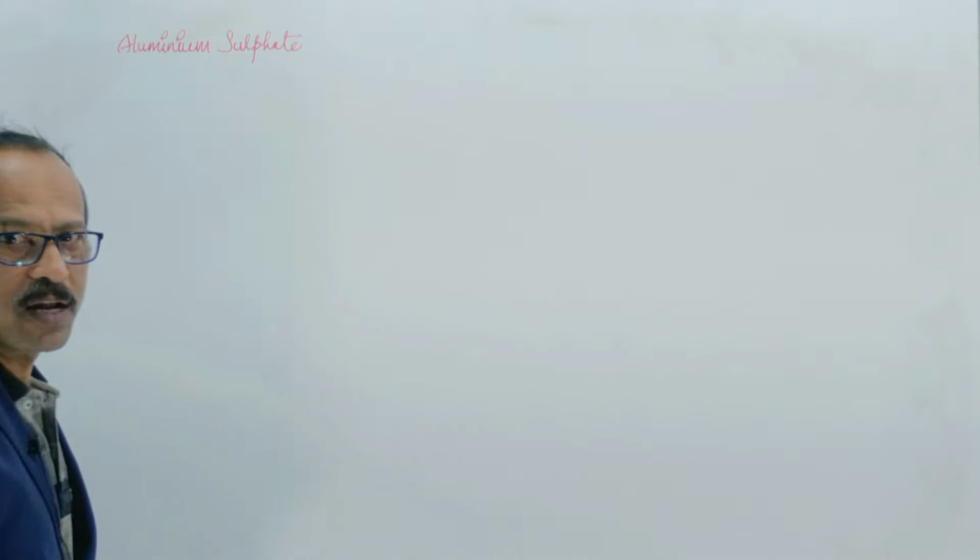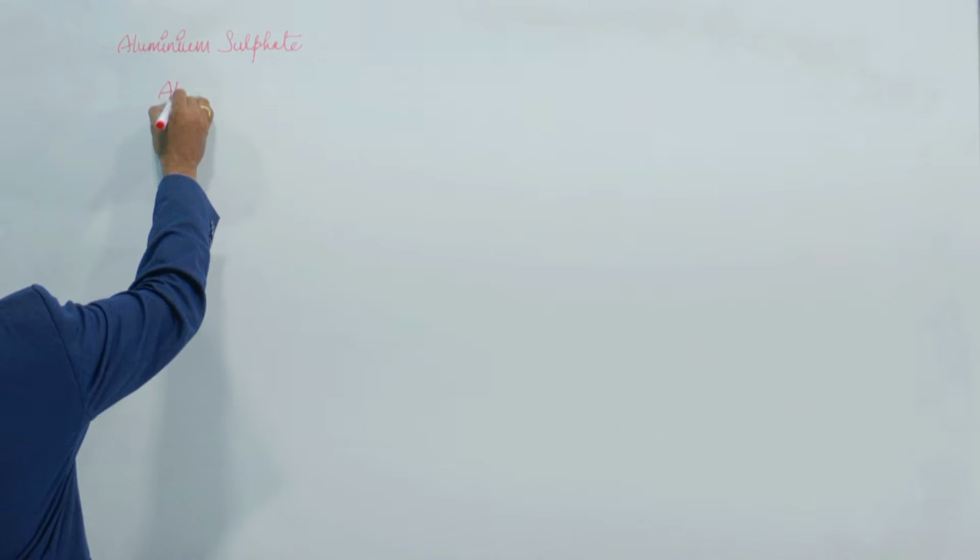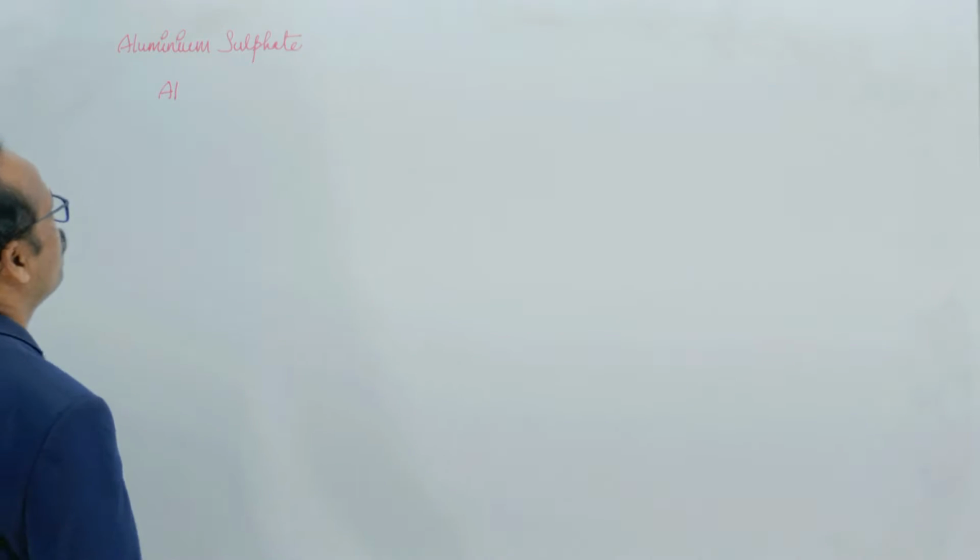What is the symbol of aluminium? As I told you, there are 3 steps you have to follow. The first step is what? You need to write the symbols. So aluminium, what is the symbol of aluminium? Very good. Al. Al is the symbol of aluminium. Next, sulfate. What is the formula of sulfate?